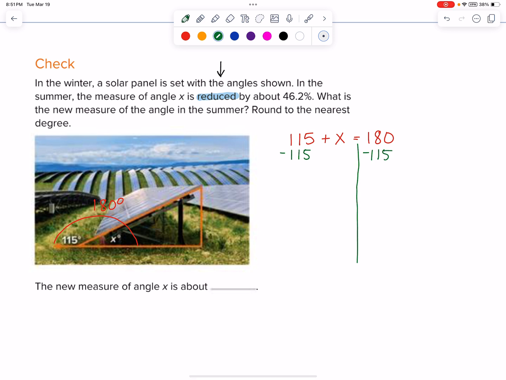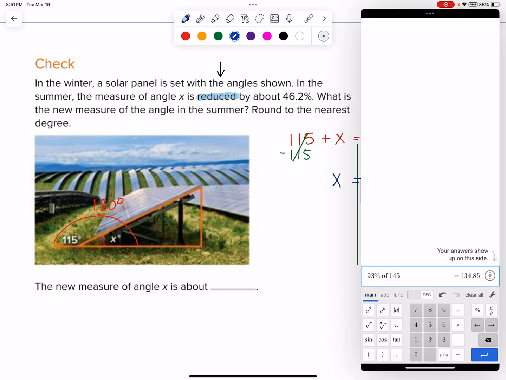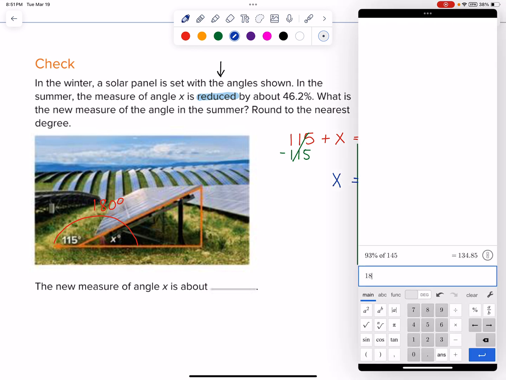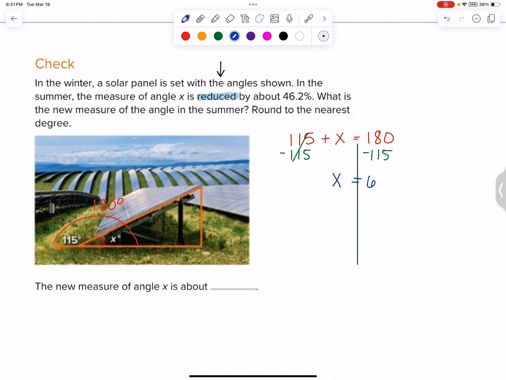I'm going to separate my workspace here too. So what does x equal? 180 minus 115, and we get 65. So this is truly 65 degrees because x is by itself. It's not some random expression.